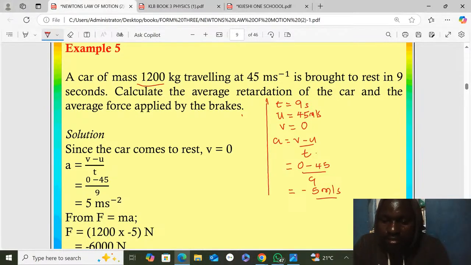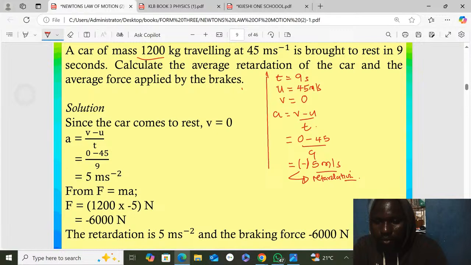The negative is to show that the body is undergoing what you call retardation, a negative acceleration, if I can say. Then now you're asked what will be the braking force. So our braking force will use the formula F equals ma.